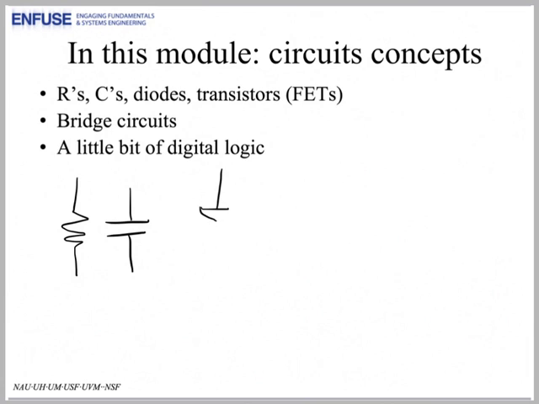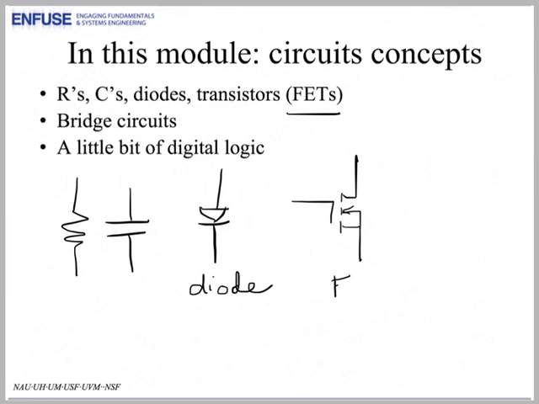One of them is the diode, which has this symbol, and another is a transistor. In this case, we'll talk about something called a field effect transistor, and it looks something like this in terms of a schematic. So we have a diode here and a field effect transistor, or FET, here.